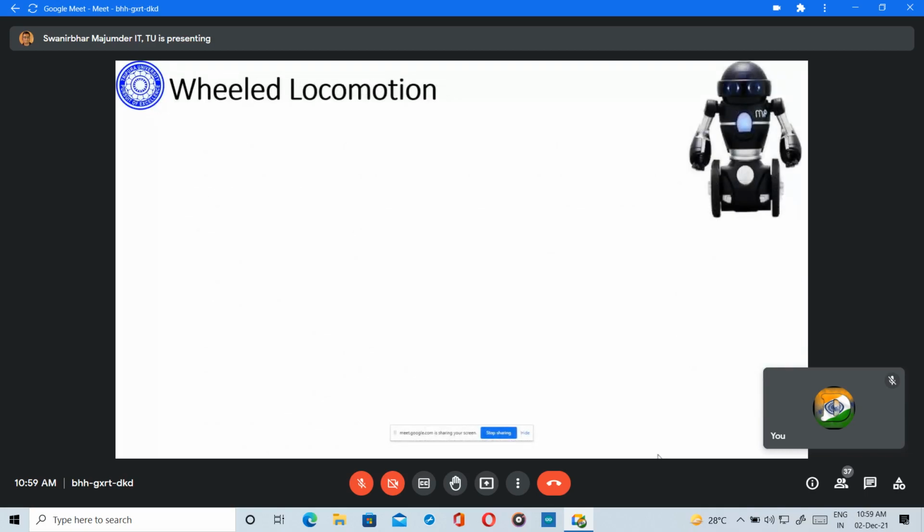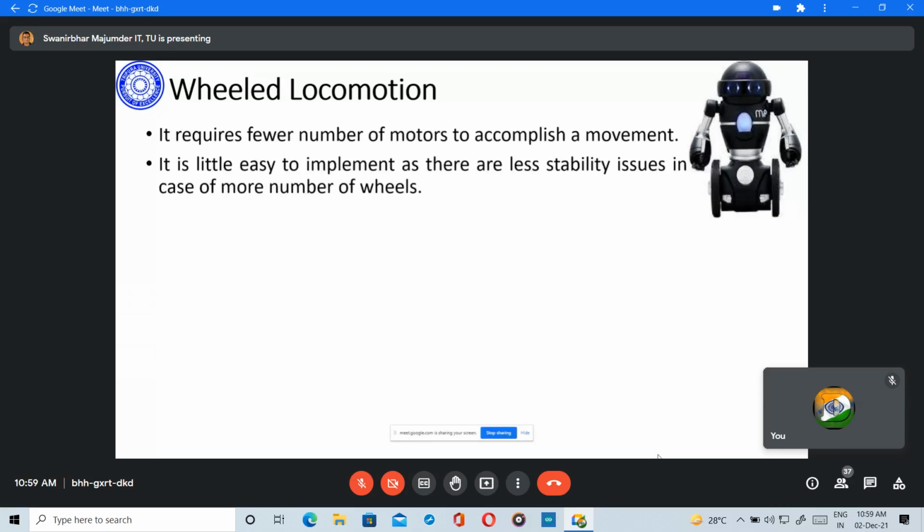So you have wheeled kind of locomotion. So it requires a few less number of motors to accomplish the movement because only the rotation of the wheels is taking place there, and you may have to rotate the wheel left or right that much.